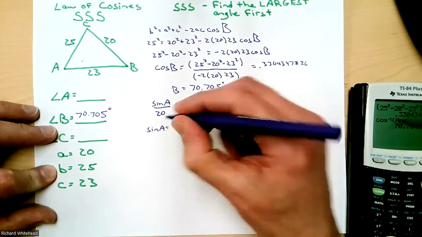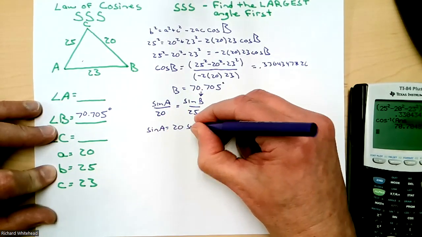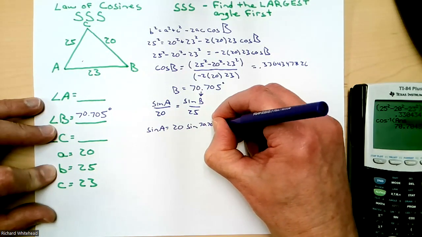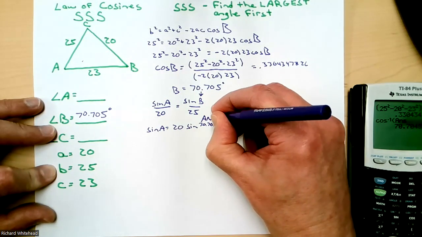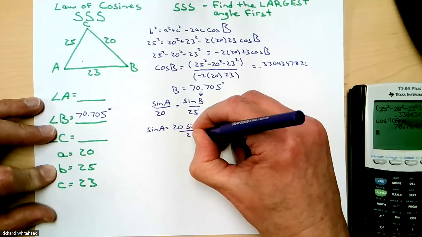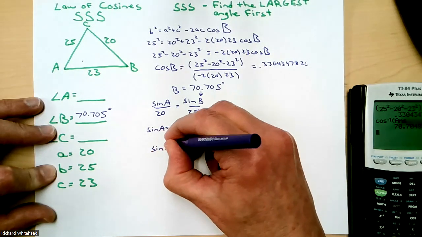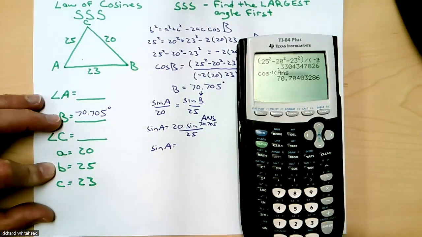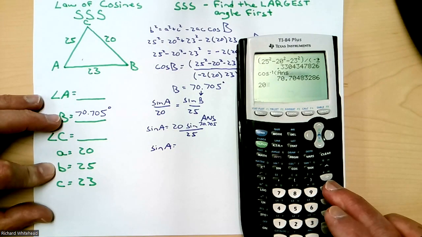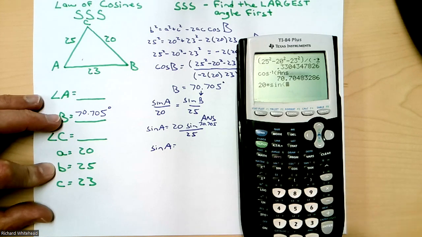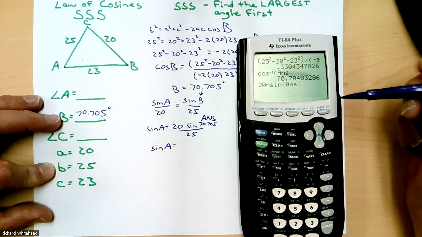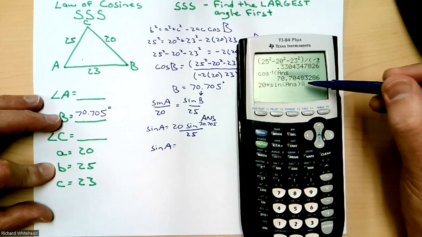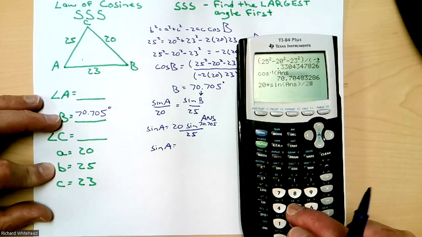So I'm going to have sine of A is equal to 20 times sine of 70.705, which I'm going to just use the answer button, divided by 25. On my calculator, I'm going to say 20 times sine of that answer, because that answer is angle B, and make sure you close that parentheses, divided by 25.